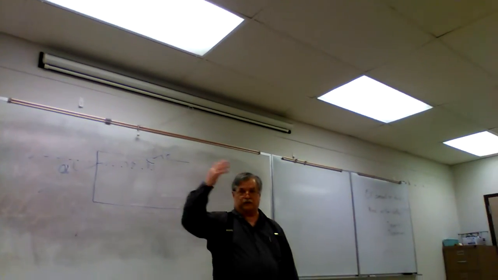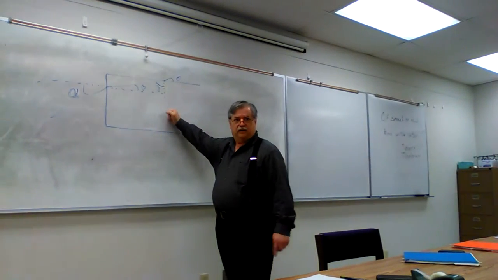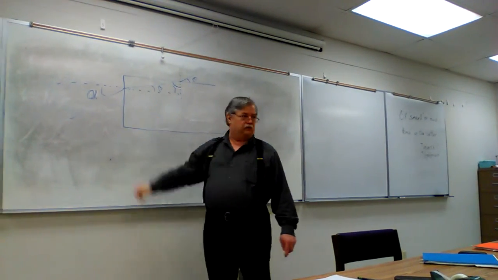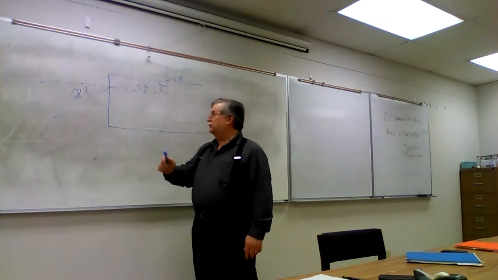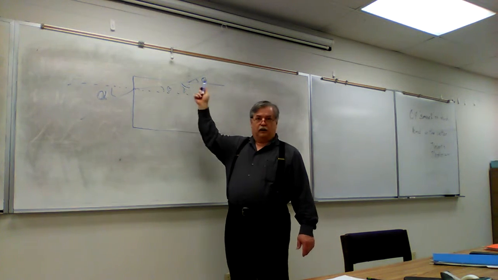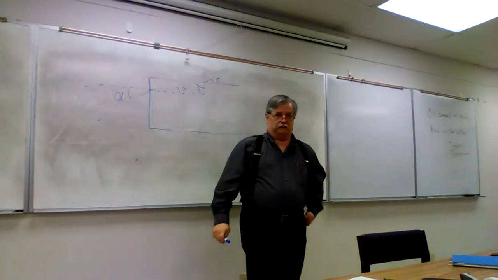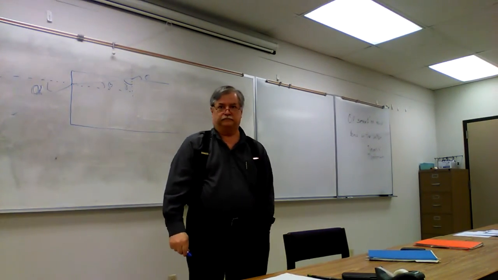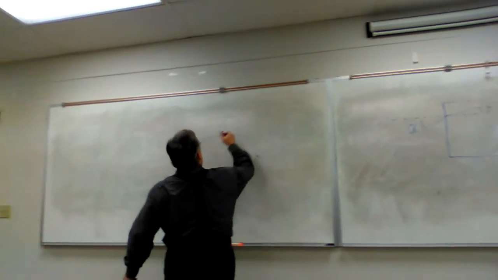Here's the basic question that they're asking. What is the minimum index of refraction you need inside this optical fiber to guarantee you will have total internal reflection regardless of this angle alpha? Right? So we start with Snell's law.